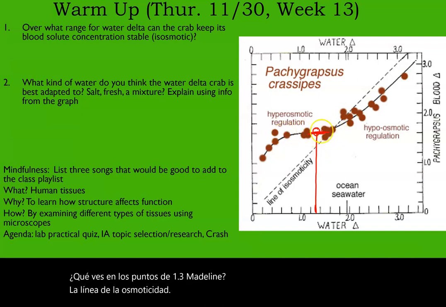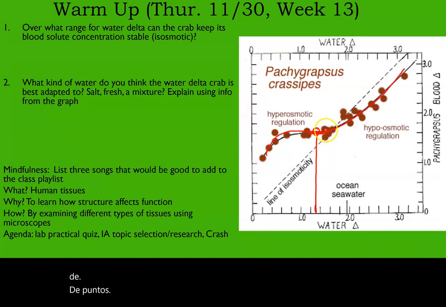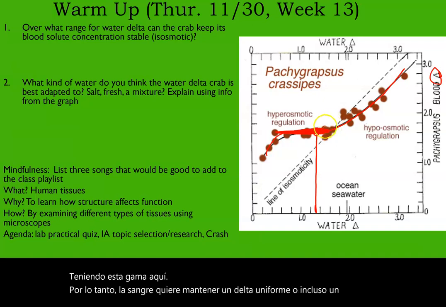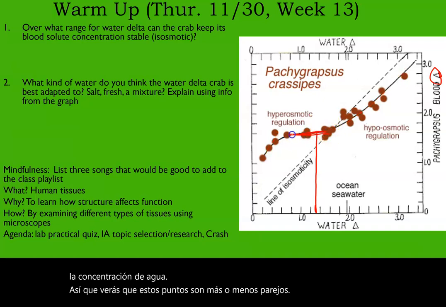Yes. I want you to look at more than just the line of osmoticity, but just the pattern of dots. Where do you see it being constant, this line, having this range here? So the blood wants to maintain an even delta or an even water balance or concentration. You'll see these dots are kind of all even in this general area here.